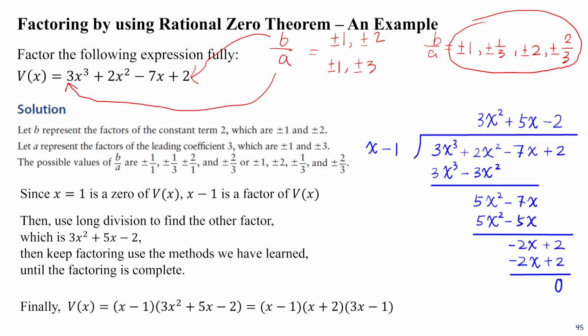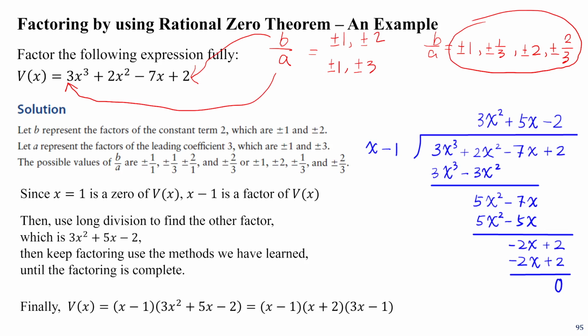Testing positive or negative 1, followed by positive or negative 1/3, followed by positive or negative 2, followed by positive or negative 2/3, right? So, for example, when you test x equals 1, you can easily see x equals 1 is actually a zero of V(x), so you can just stop there, right? And x minus 1 is a factor of V(x).